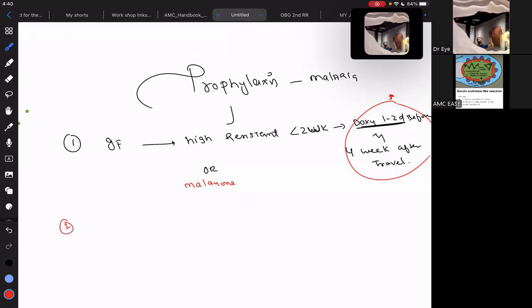Second statement. You can go for artemether and proguanil if the patient is going to low risk endemic areas on a short travel.